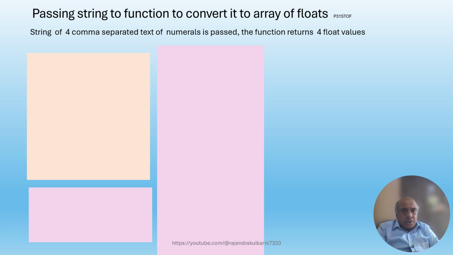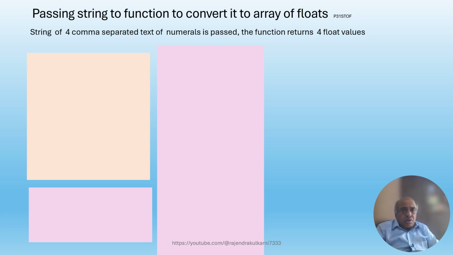Let us go for another program. In this program, we are passing a string to a function in which the contents of that string are converted to an array of floats.